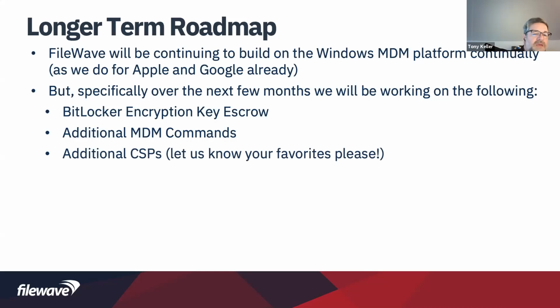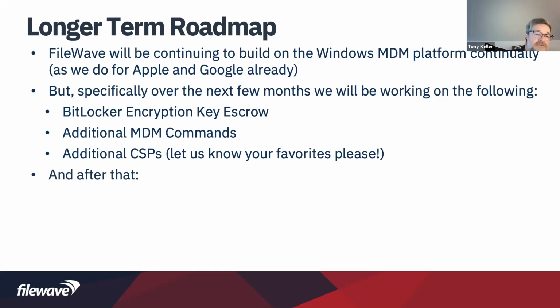Additional CSPs, that is additional configuration profiles. We have kind of a list that we're working on, but when we implement this and you start getting this in your hands, we'd love to know from you what your favorites are, because there's a lot of them to do and we can certainly prioritize the ones that are needed more. So we'd really like your voice on what those are.